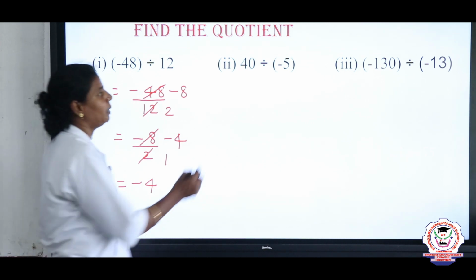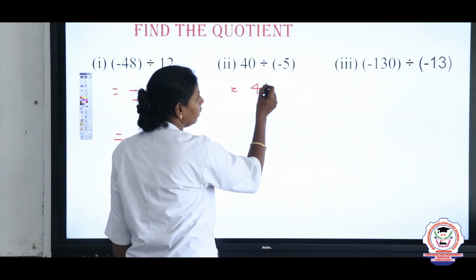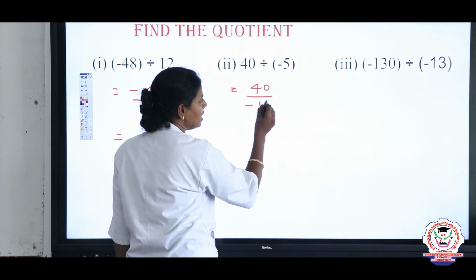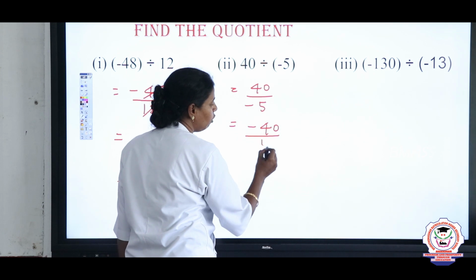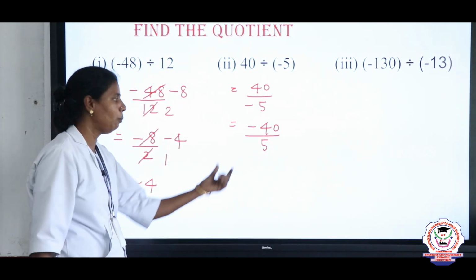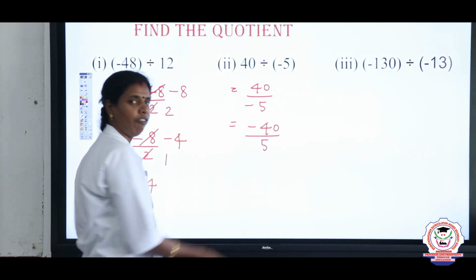Right. The next example is 40 divided by minus 5. First, change the negative sign to the numerator: minus 40 divided by 5. The denominator needs to be positive. So, now 40 is a multiple of 5, right?